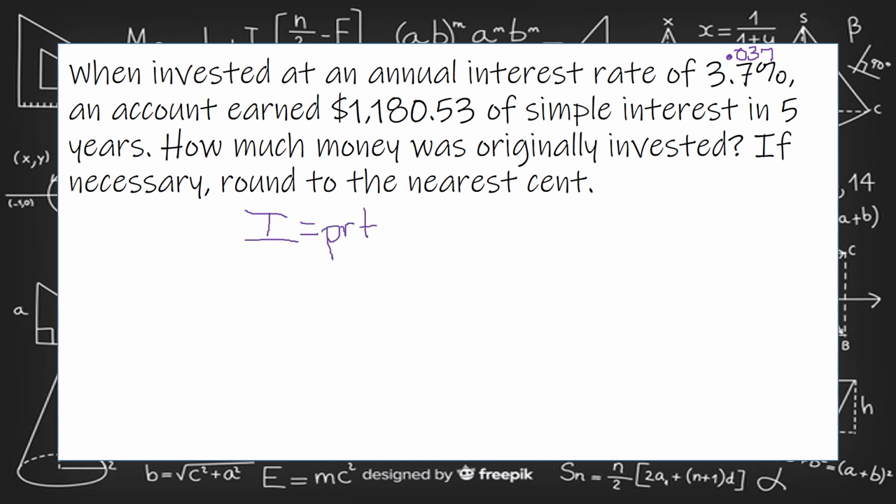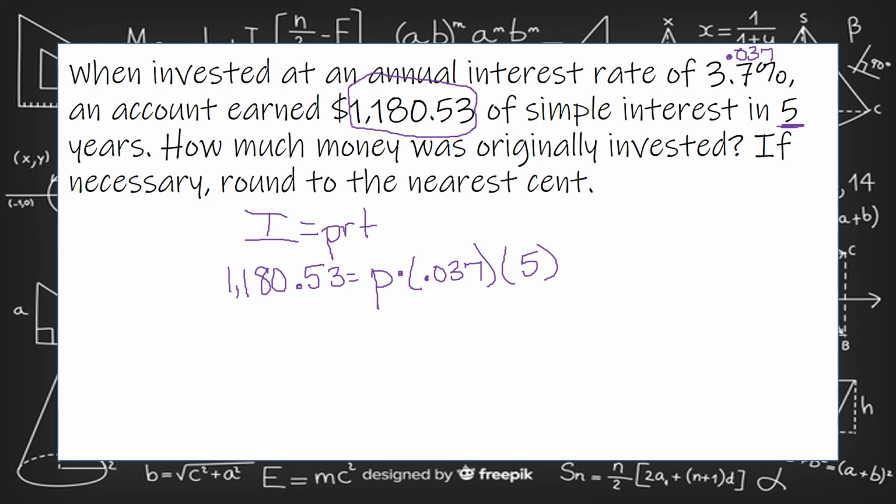So we know that interest earned is here. So $1,180.53 equals the principal, we don't know what that is, times the rate, that's our percent up there. So I'm going to put 0.037 times the time it was invested, and it tells us that is 5 years.